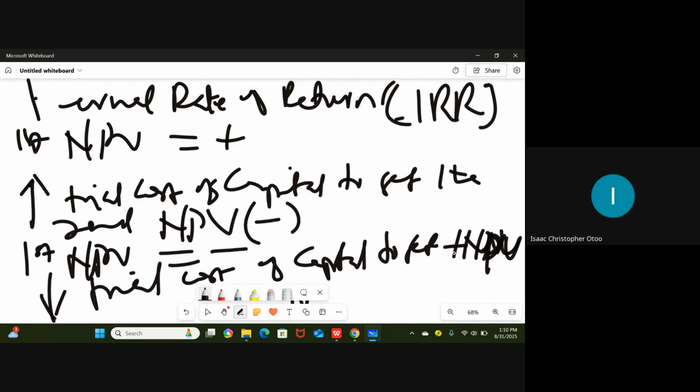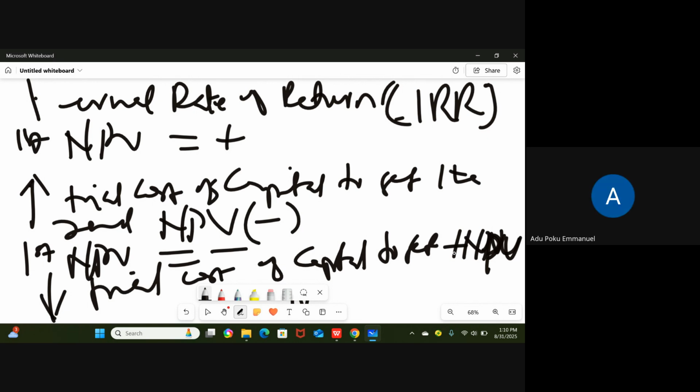If you have positive, then you have to try another cost of capital to get negative. Until you get negative, we can't stop. So whichever answer you get, you must get the opposite.